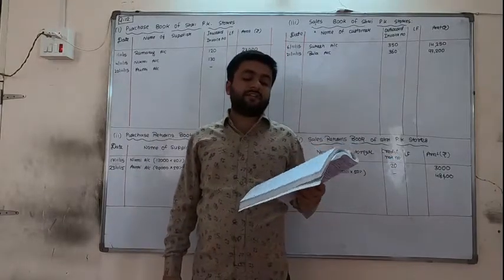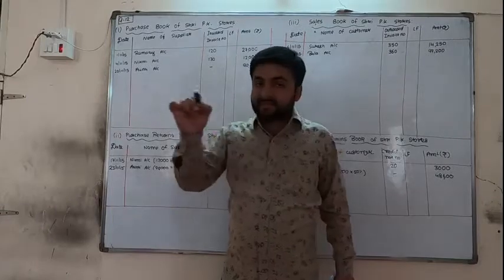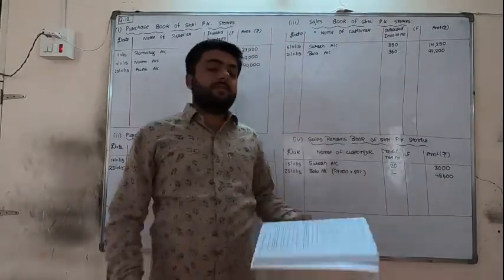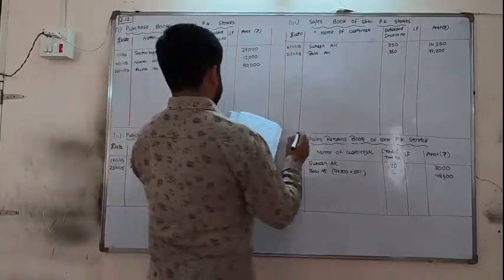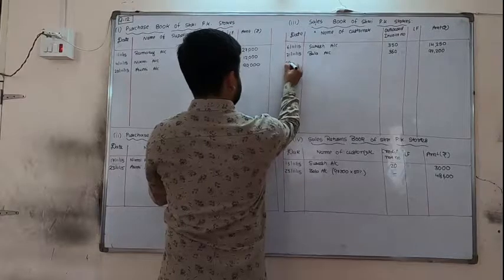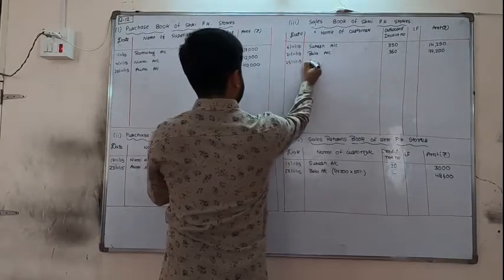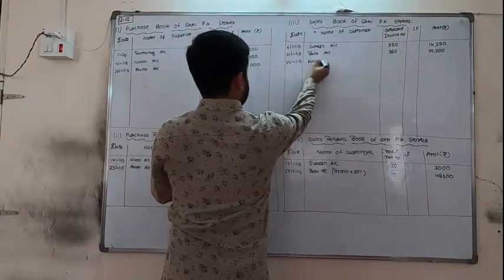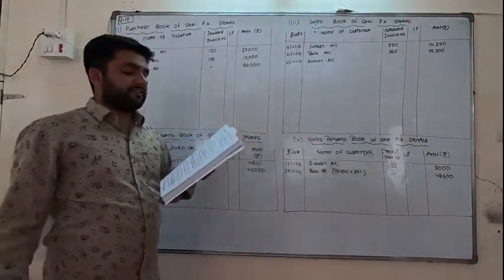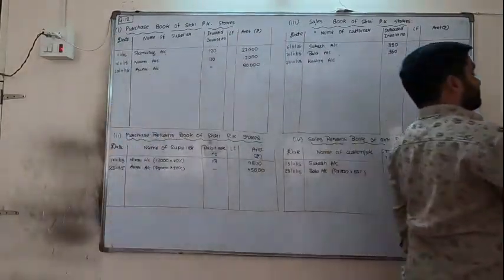500 added for carriage under bill number 65. Underline this carriage, we will record it in journal proper. Okay, so on 25th, 11-15, Karan account. Now from the previous 24 transaction you can see 30,000 minus 10% credit discount.